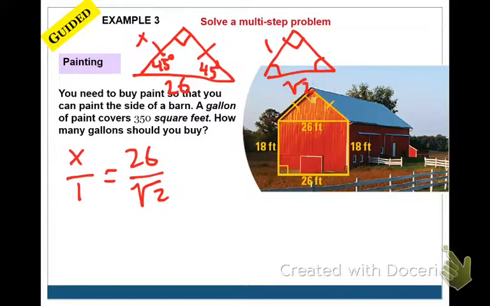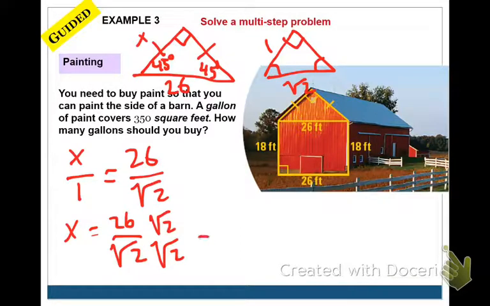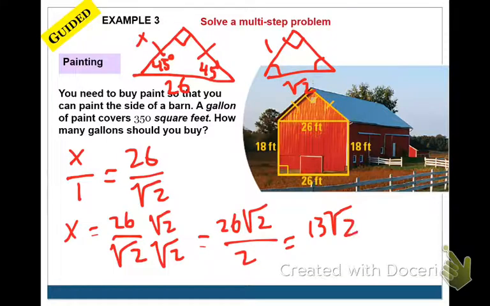So then we have x equals 26 over radical 2. We rationalize that, radical 2 times radical 2. So that's going to be equal to 26 radical 2 over 2, which is equal to 13 radical 2. So this side is 13 radical 2.